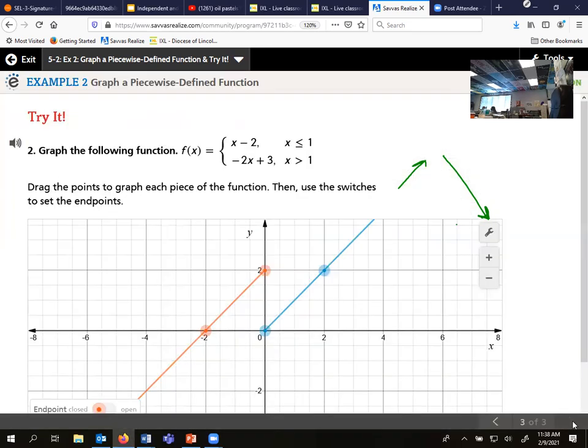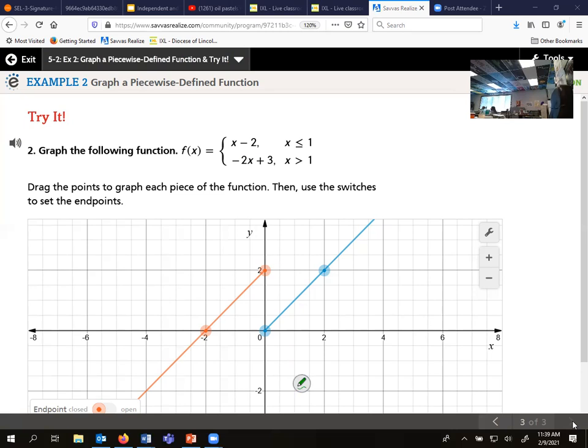Okay, let's try graphing one ourselves. I think the easiest is going to be to just find a couple points on each line and then plot those, and then I'll make the line for it.